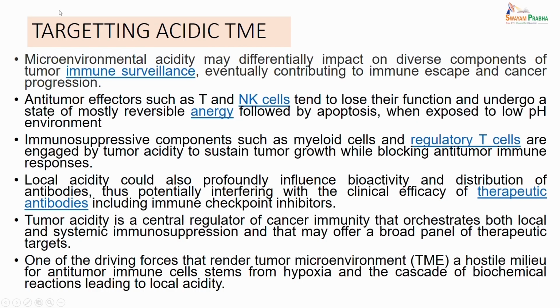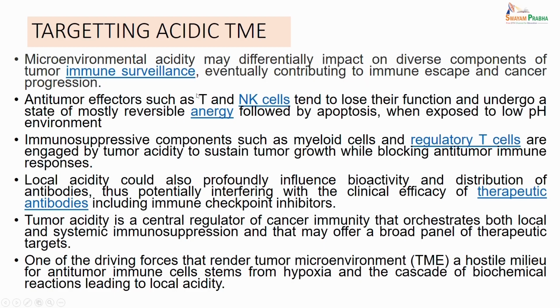Now, after we have seen how HIF1 alpha can be targeted, let us see how we can target the acidic tumor microenvironment. As we saw, the microenvironmental acidity may differentially impact the diverse components of the tumor immune surveillance, eventually leading to tumor escape and cancer progression.